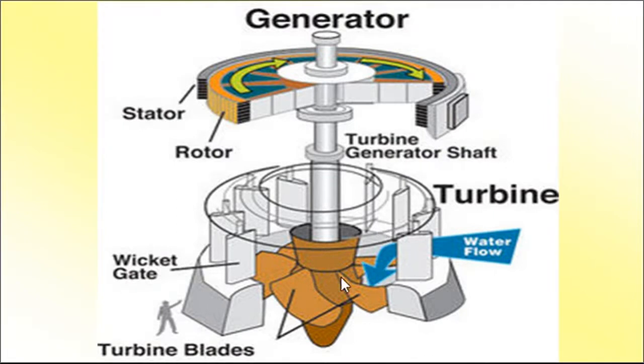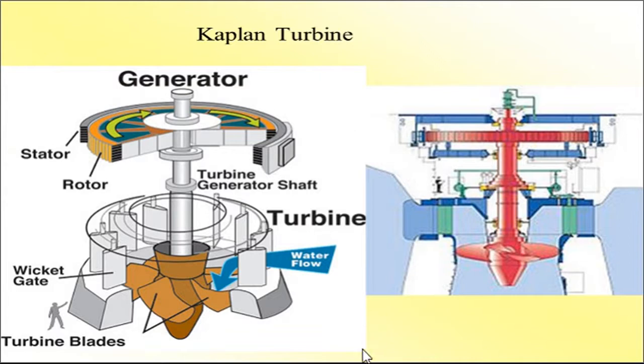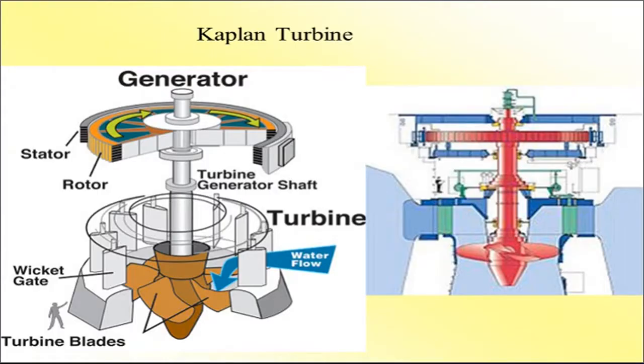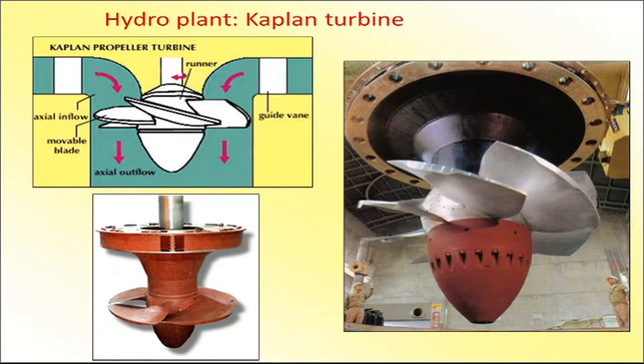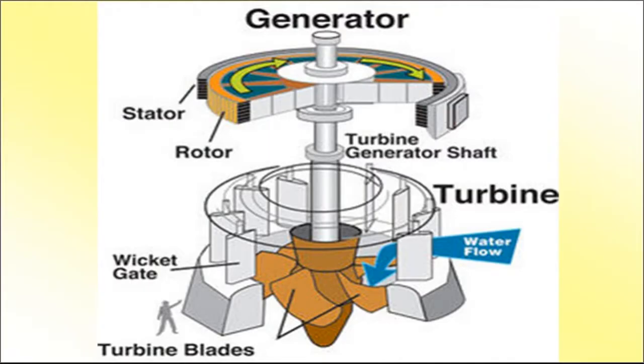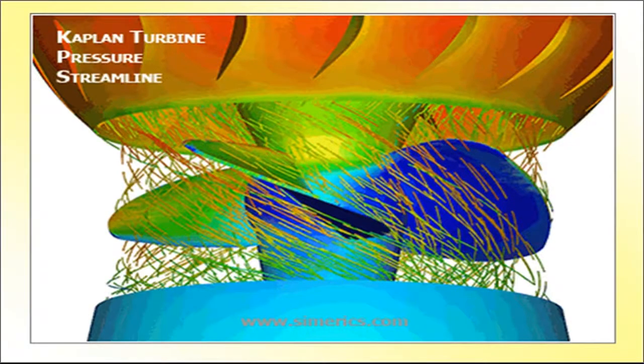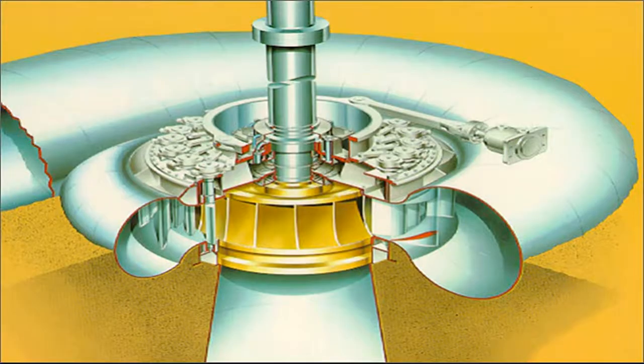This is the schematic of the Kaplan turbine. In propeller as well as Kaplan turbine, there is axial flow. In Kaplan turbine, blades are adjustable, and in propeller turbine, blades are fixed.